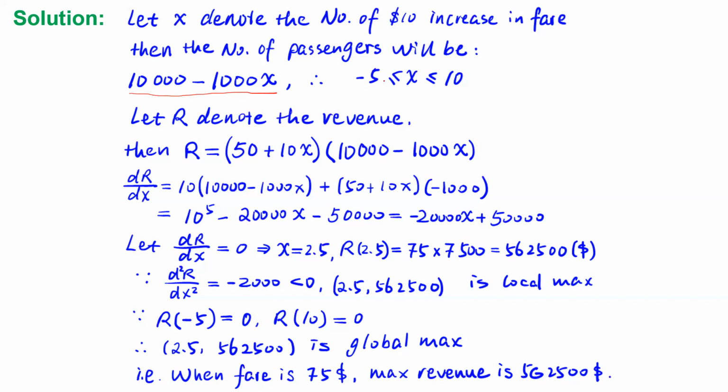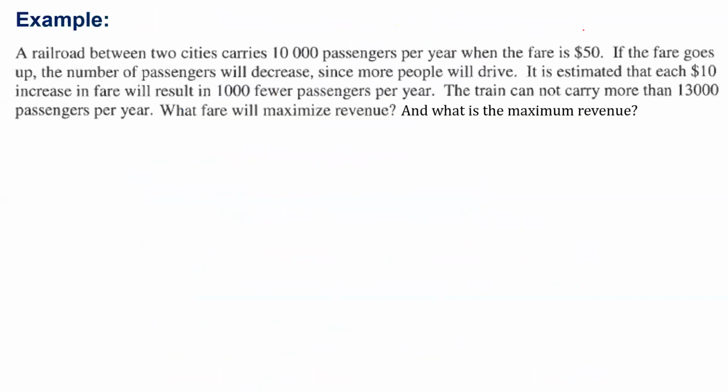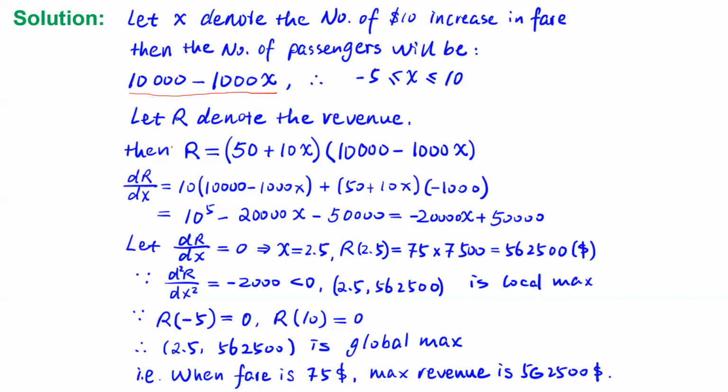Therefore, the lowest number is -5, where the fare is 0, right? Then we can let R denote the revenue, where R equals (50 plus 10x) times (10,000 minus 1,000x).